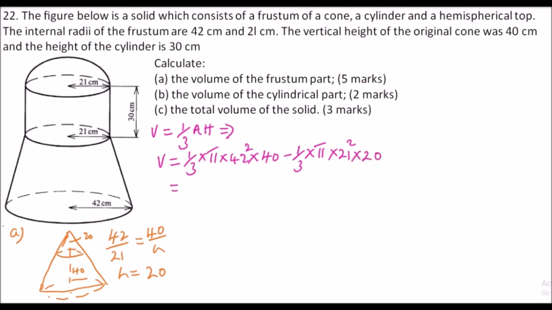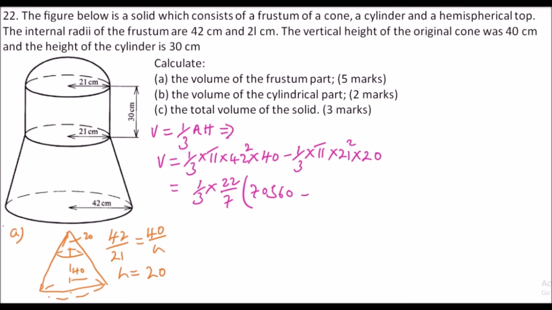Using your calculator and 22 over 7 for pi, you factor out a third of 22 over 7. Then 42 squared times 40 gives 70,560.